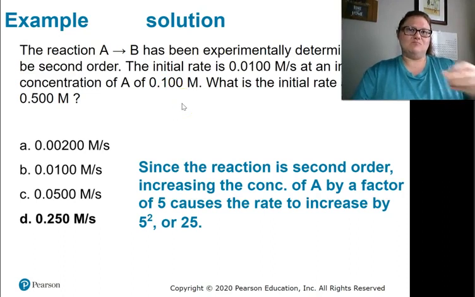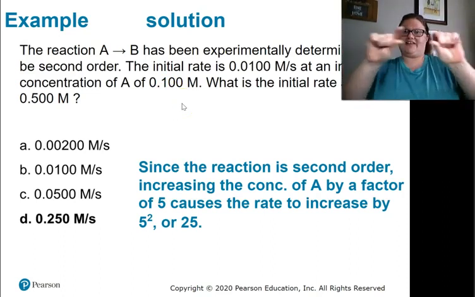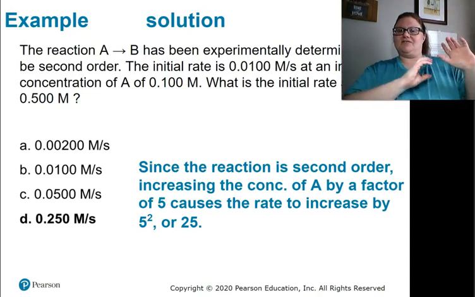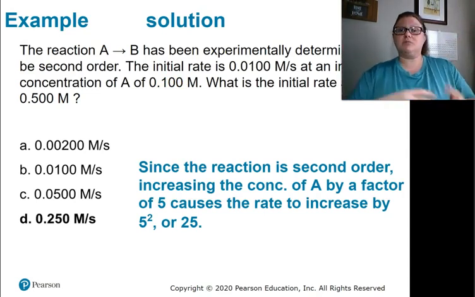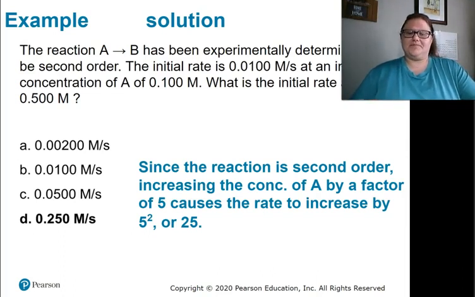So if you had to go back and make a chart showing that experimental trial, and if that makes it easier for you to see this problem, go ahead and do it. But we know that second order is causing our rate to quadruple. And so that rate would have to be the answer D here for our rate to quadruple.